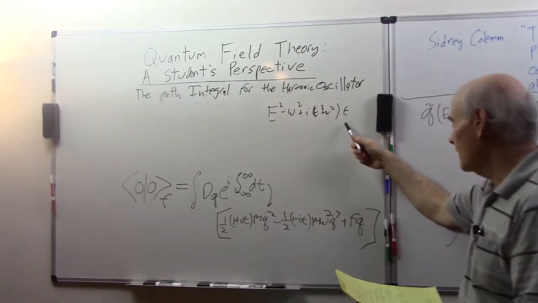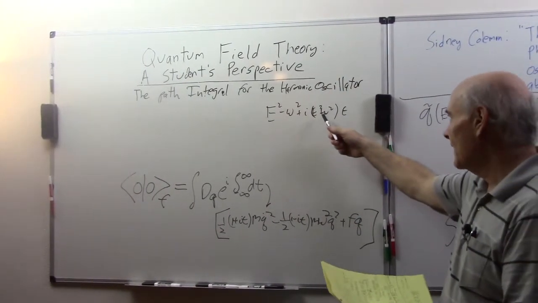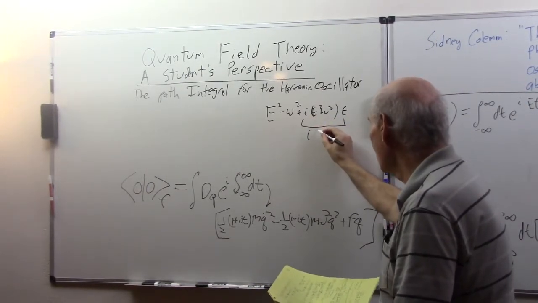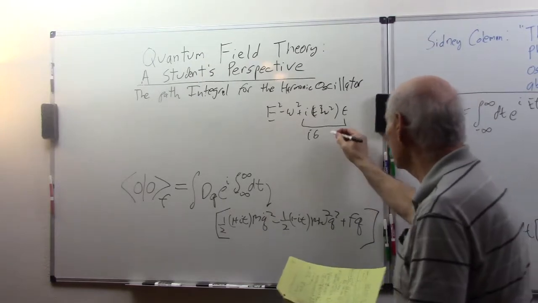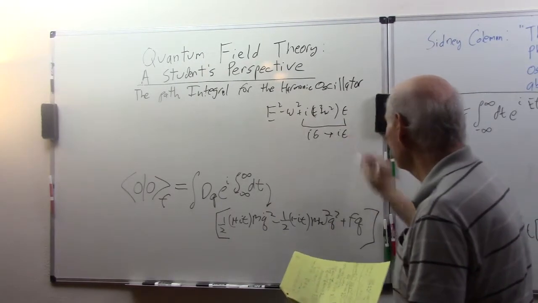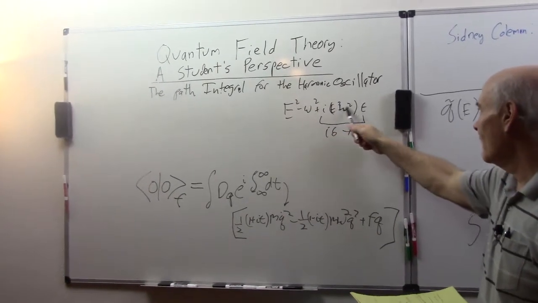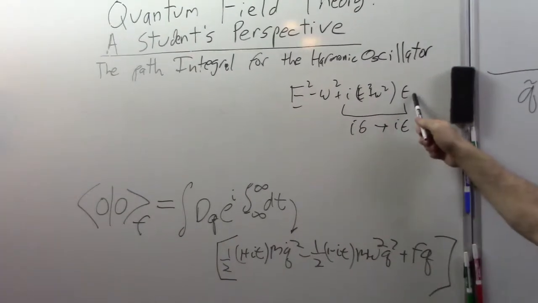Epsilon is infinitesimal, so this is a positive number, so this whole thing is just the same thing as i delta, and then we rename delta i epsilon. So don't worry, if you think I'm not keeping track of these things, we just don't need them because this is infinitesimal.